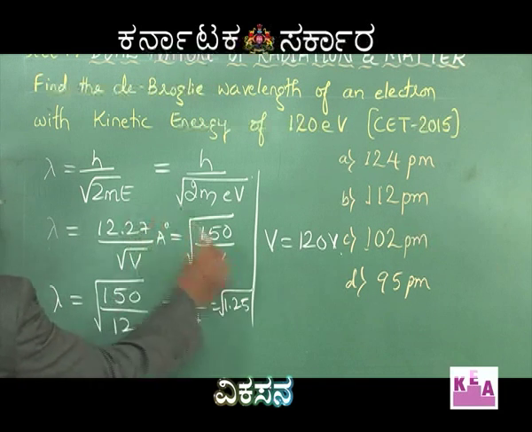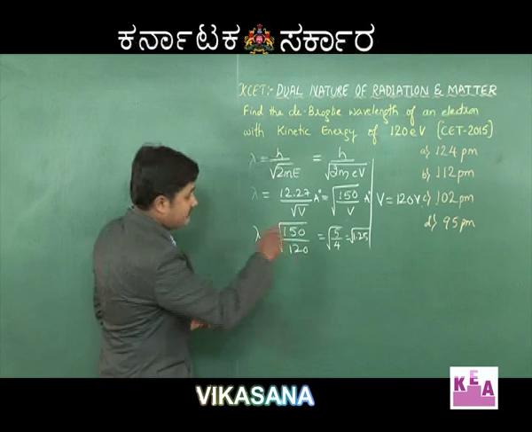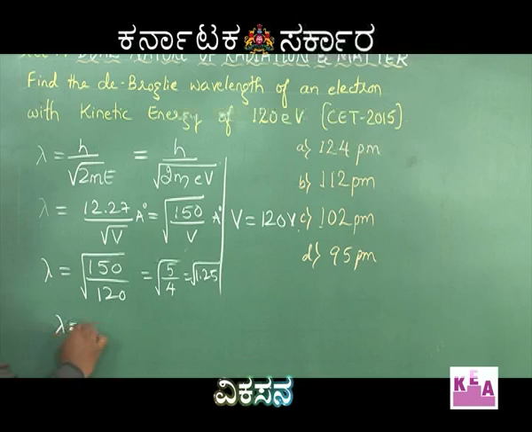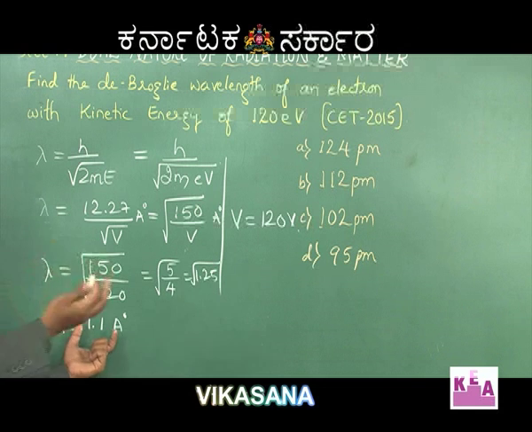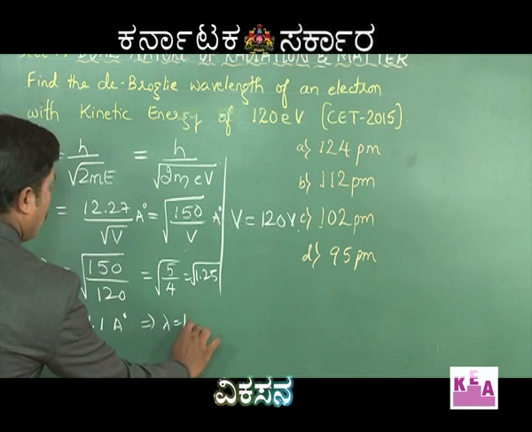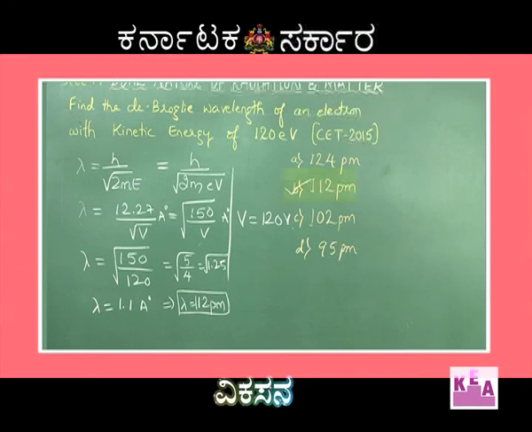Let me say that the value is somewhere around 1.1 in angstrom units. So lambda is 1.1 angstrom unit, and all the options are in picometer. So when you convert this into picometer, this is somewhere around 110 picometer. I think the nearest answer is 112 picometer. So option B is the correct answer.